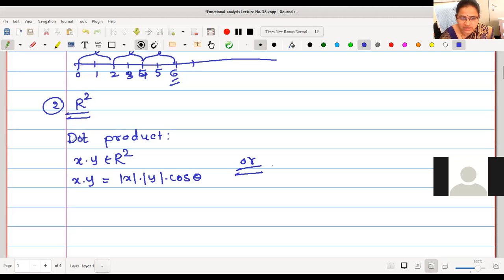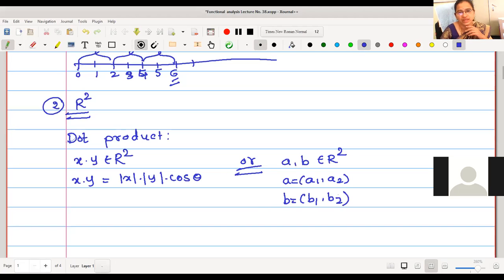Or suppose I have two different vectors in an R2 space, say A and B, where A is defined to be the two-tuple vector A1, A2, and B is defined to be another two-tuple vector, say B1, B2. Then we have defined A dot B as A1 B1 plus A2 B2. That is the multiplication of the x coordinates added with the multiplication of the corresponding y coordinates of both the vectors.